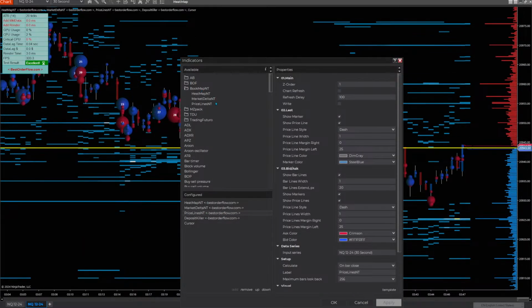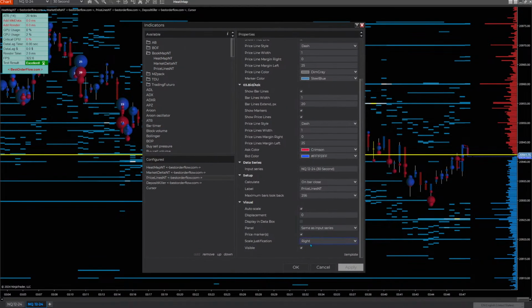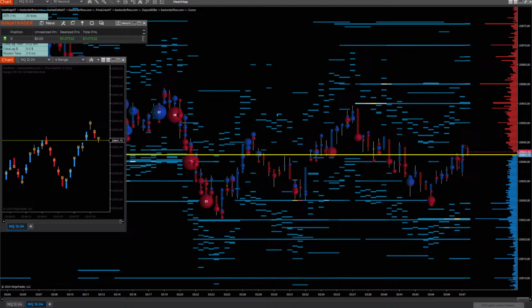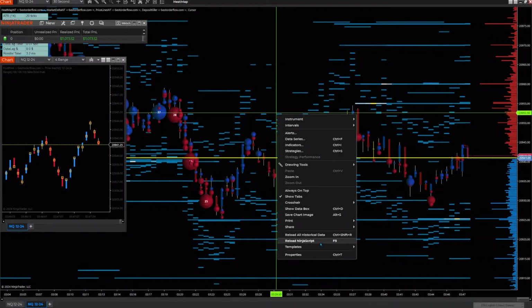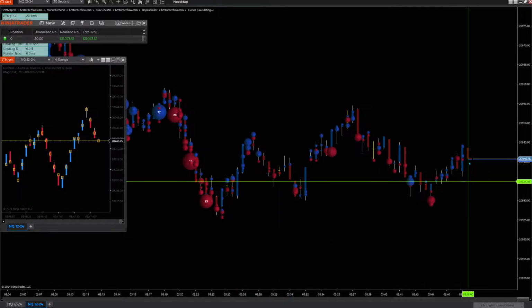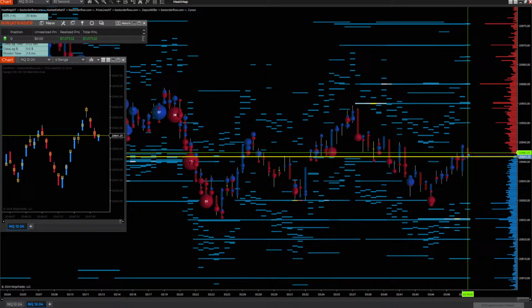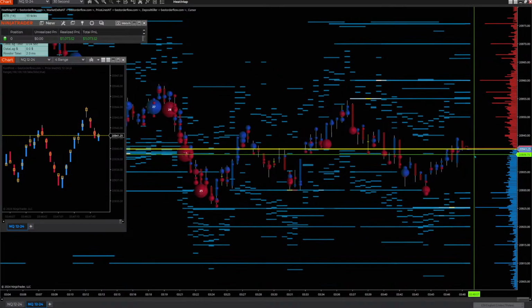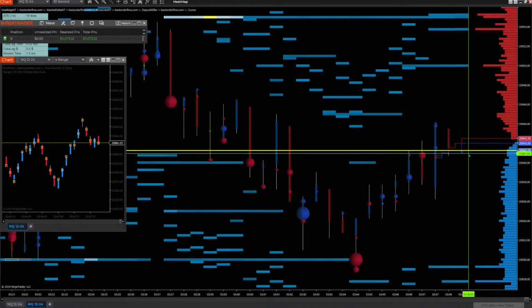So Bookmap, let me do the price lines NT. Maybe I need to reload the Ninja script. Oh yeah, it starts showing right here in the new developing candle, because it wasn't recorded before. So it's going to be on the new candle. You see, this is the price line that is usually on a Bookmap.